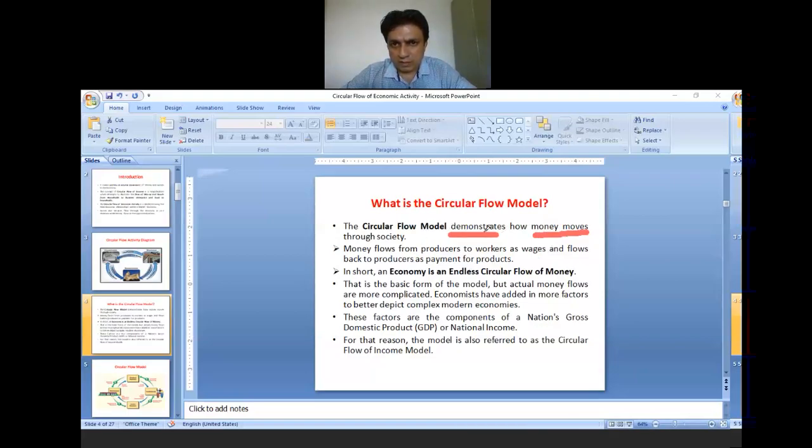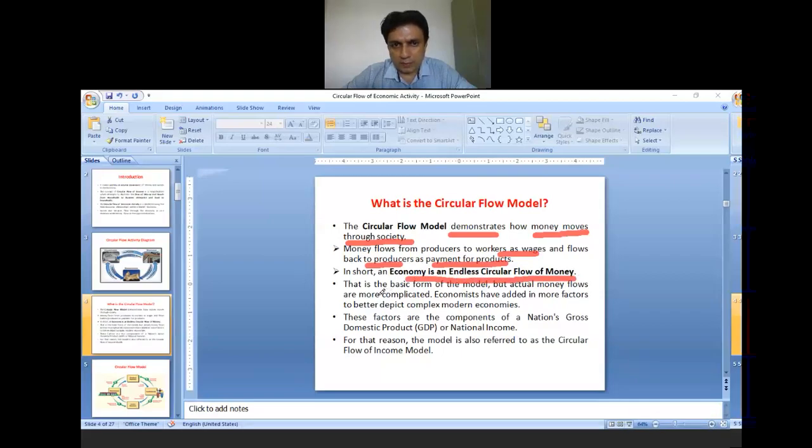So money flows from producers to workers as wages and flows back to the producer as payment for products from the consumers. So in short, an economy is an endless circular flow of money.